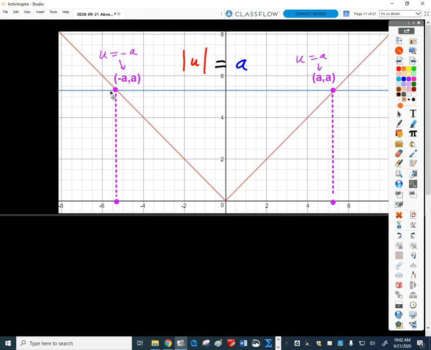So I could draw a horizontal line up here, the line y equals a. We're looking for the intersection of that horizontal line with the graph of the absolute value function. Well, it's happening in 2 places, isn't it?